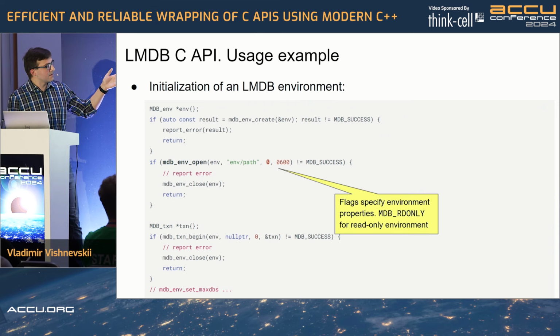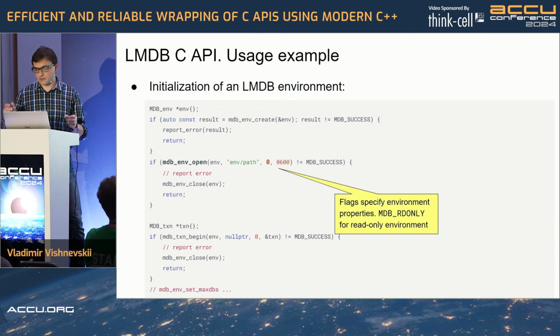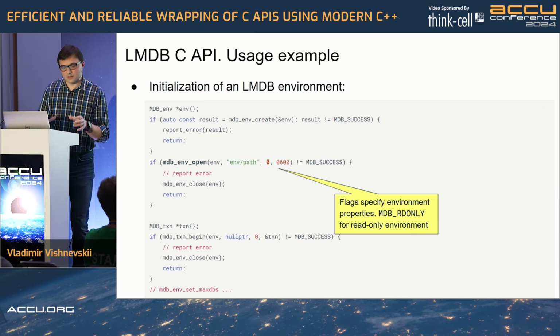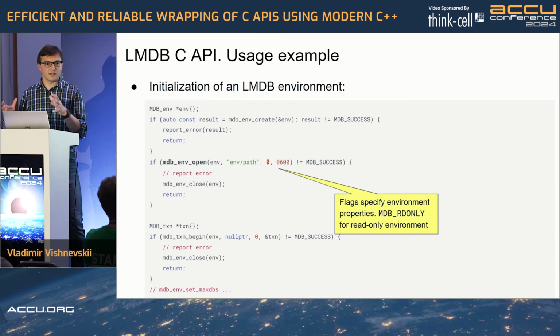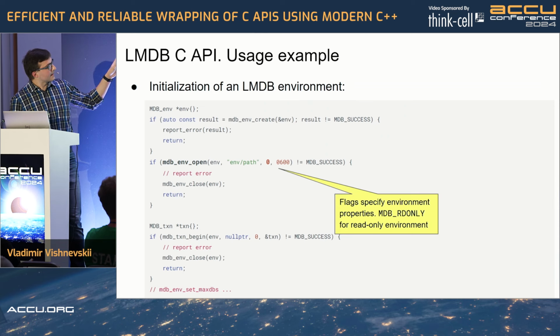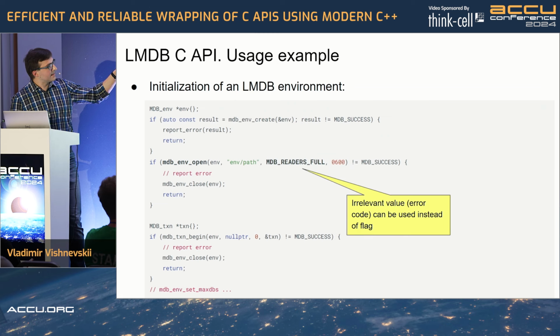Some of them are interesting because we can specify that the environment can be opened in read-only mode, constraining it in a way that only non-mutating operations will be available on the databases within this environment in our program. So here I'm passing a flag that is absolutely irrelevant to this specific API.